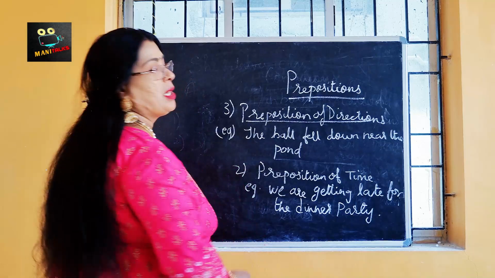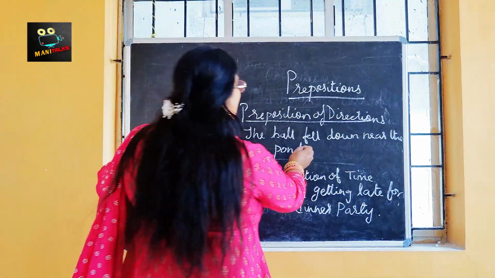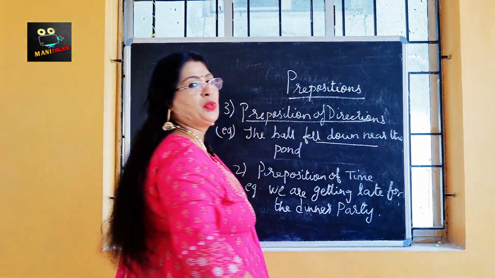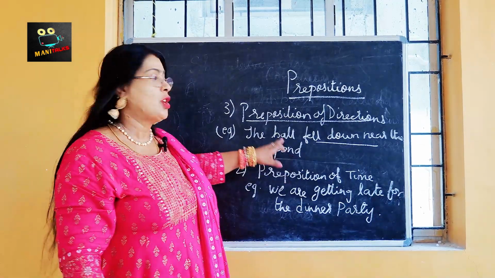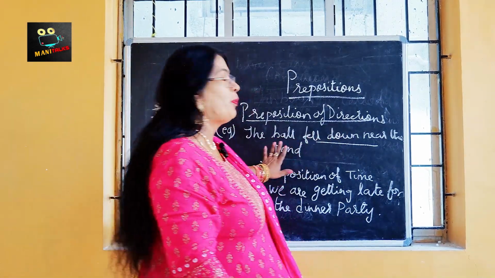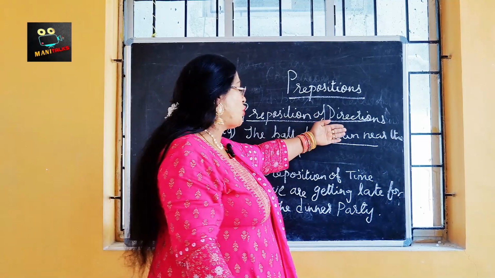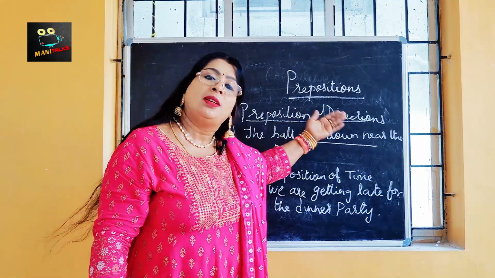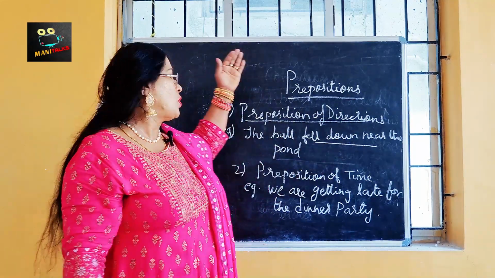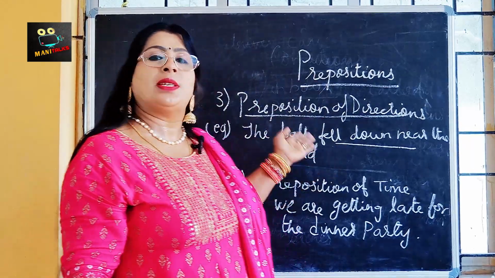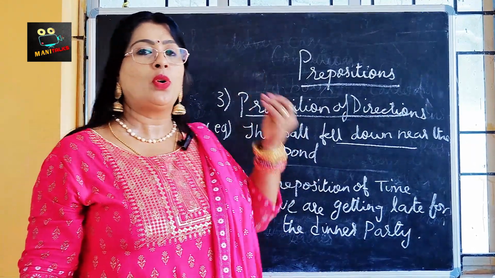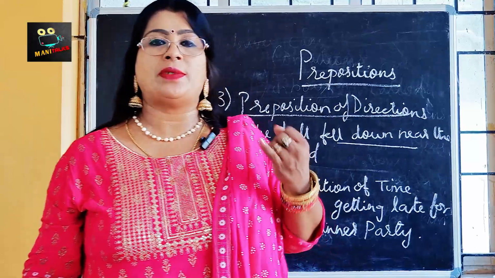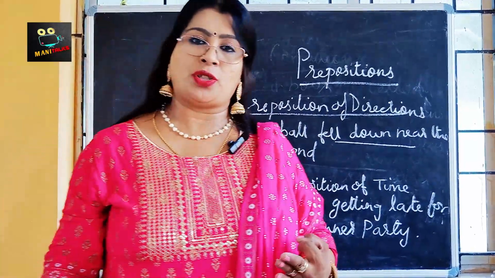The ball fell down near the pond. So which direction did it go? It went near the pond. So the ball fell down near the pond tells you the direction where the ball is being thrown. Okay, so now we had learned all this in English grammar. So we know now in preposition we have time, we have place and we have direction.